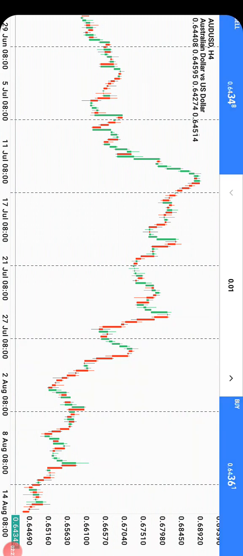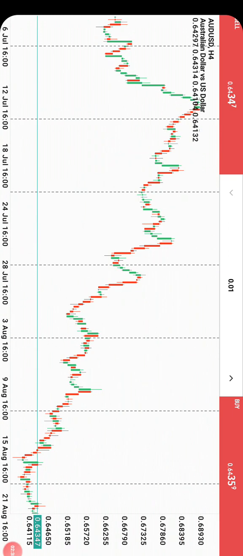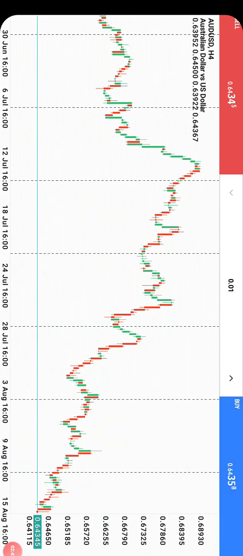And then, how do you know if the market is trending up, if it is trending down, or if it is doing a sideways trend? Let me start from uptrend.